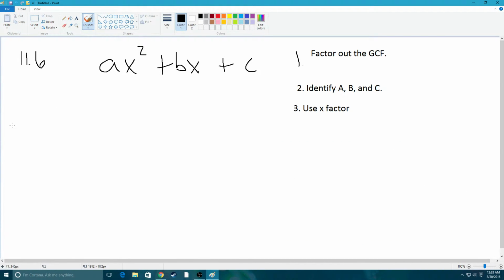Okay. Another example would be 6x to the third plus 9x squared minus 6x.